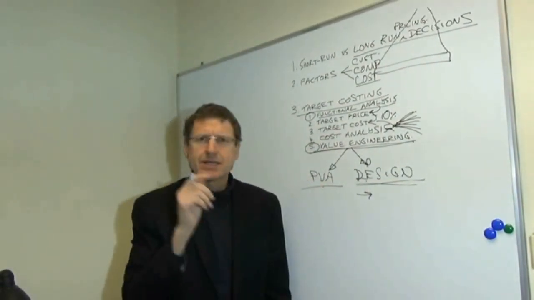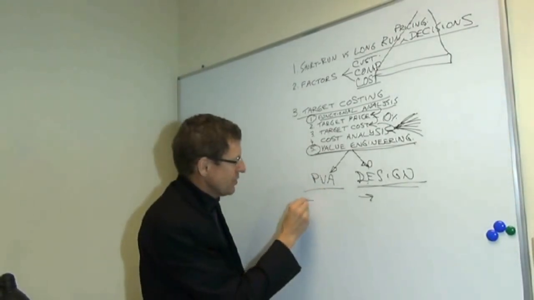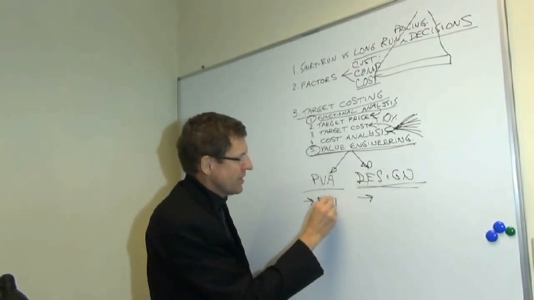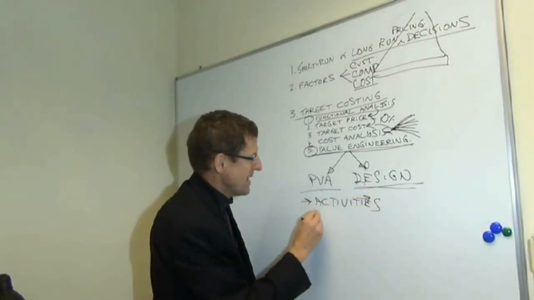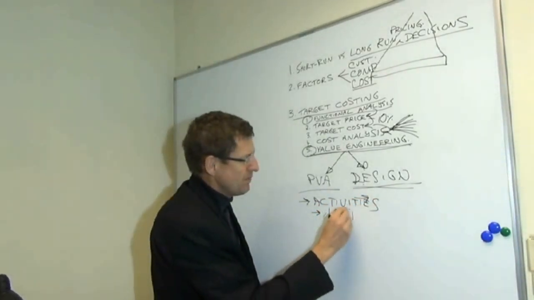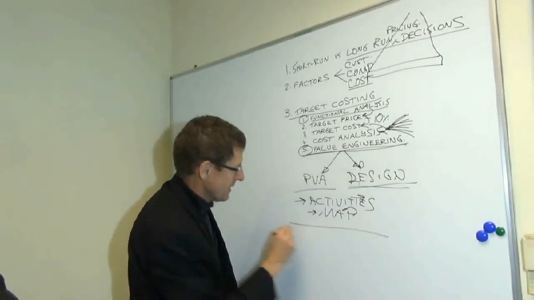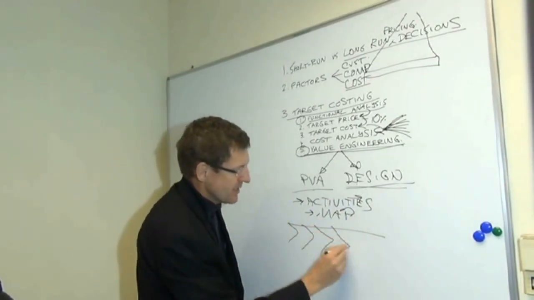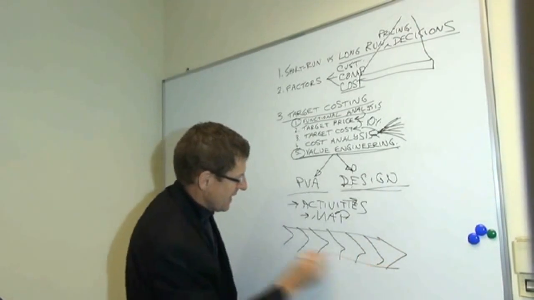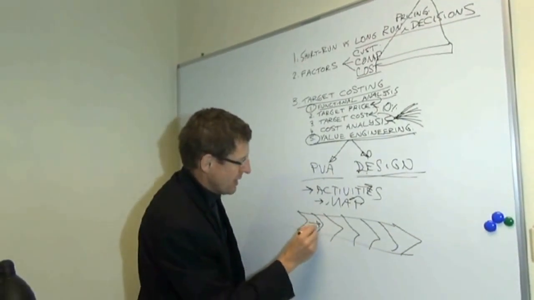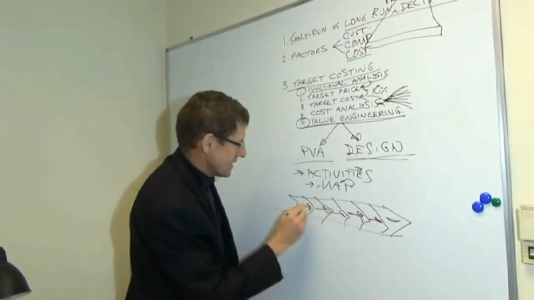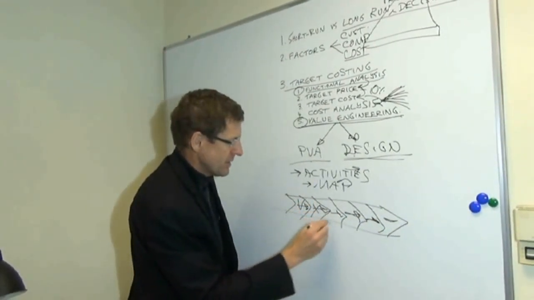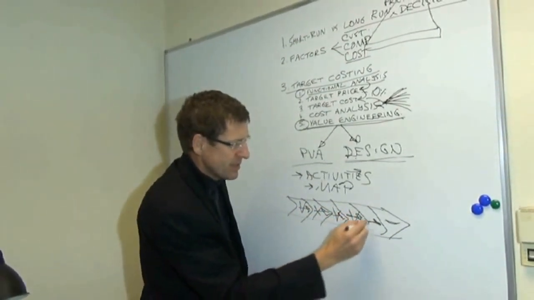Finally, process value analysis. You need to get this, and this is where we're actually looking at activities. We're trying to map the activities in the organization into like a value chain. What happens first, second, third, fourth, fifth, and we're trying to think, okay, some of these activities here, this activity is value added, this one is not, this one is value added, this one's value added, this one is not.